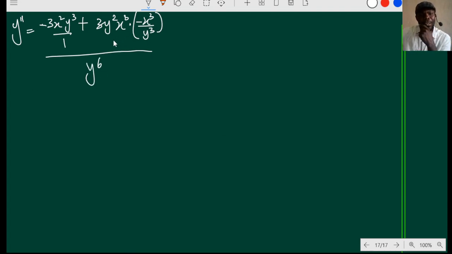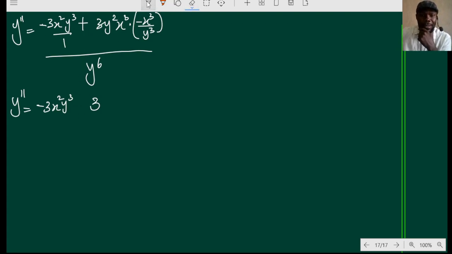But if you're able to study very well, you discover that in view of this, your y2 will now be minus 3x squared y cubed plus 3. These two and this, it will turn to minus again.